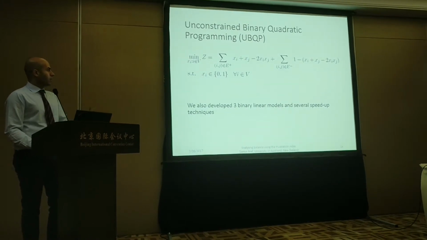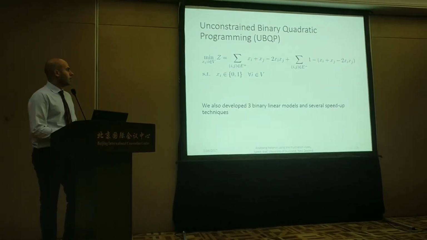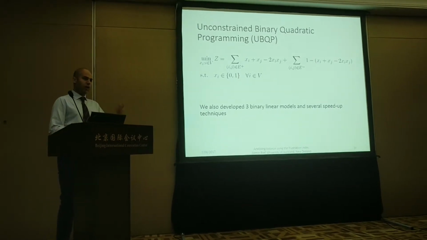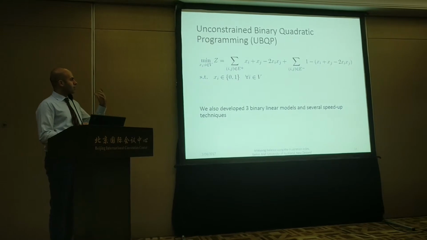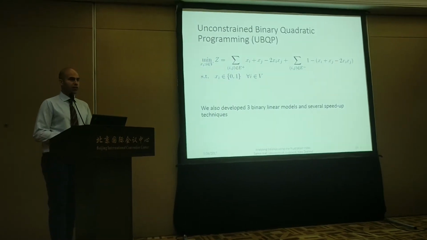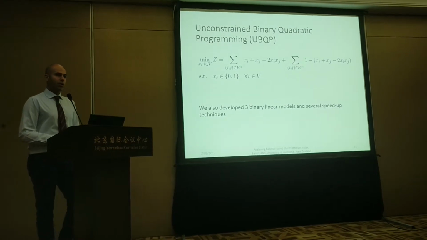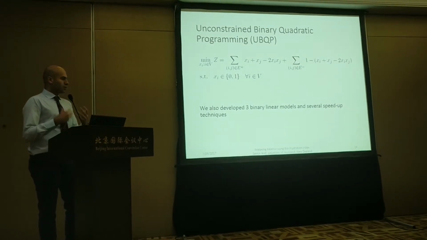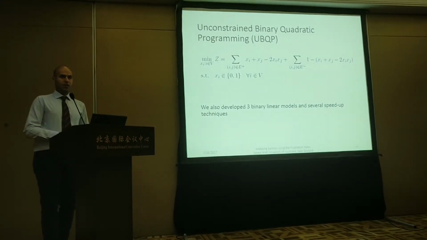So here is a quadratic model. We simply put the frustration f of ij as the objective function, and we don't have any constraints, so it's an unconstrained binary quadratic programming model. We also developed 3 binary linear models and several speed-up techniques.